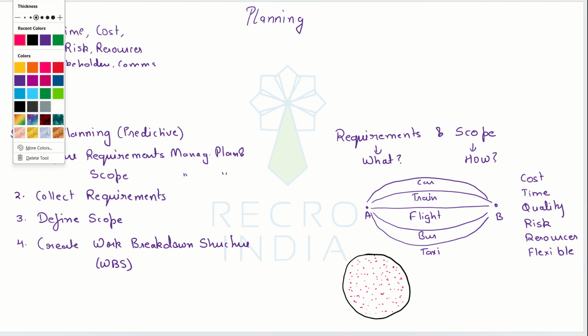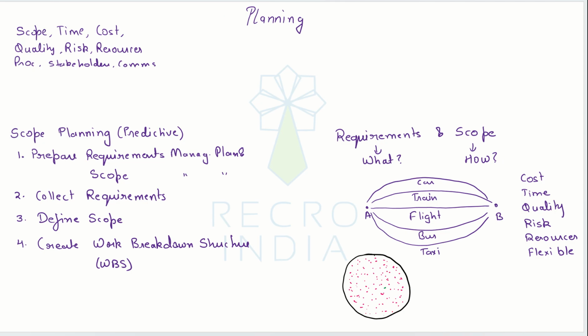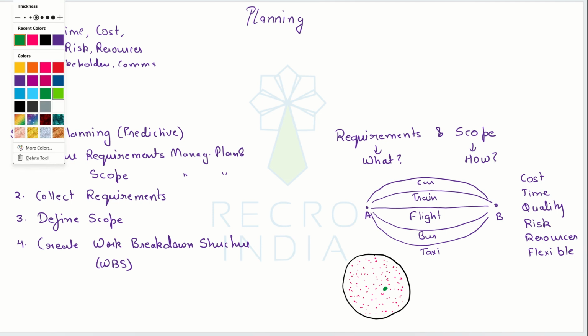However, in any project, there will always be a possibility that at a later stage, someone comes up with a new requirement, which is the green dot. Now, if this is the green dot, which is a new requirement being asked, we can deliver it, of course, because this is something that is possible to do as it's within the boundary. However, we will need extra time, extra money, a change request will be needed basically.